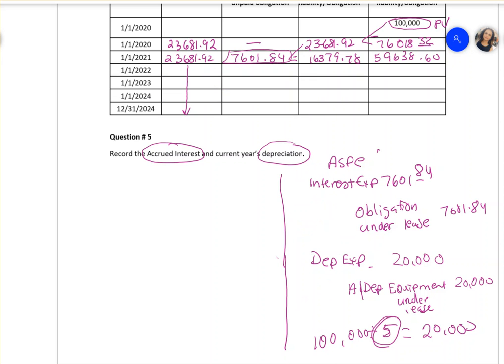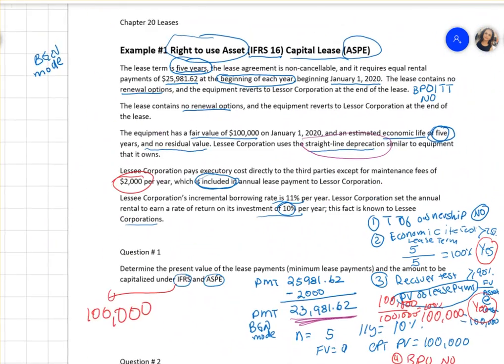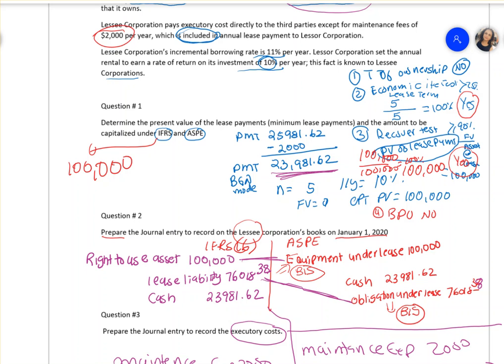So under the ASPE, the first one was a title transfer. The second one was, if we go back here. Now, we have a title transfer, a bargain purchase option, an economic test, and a recovery test.